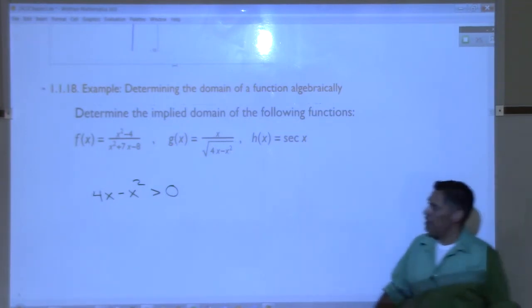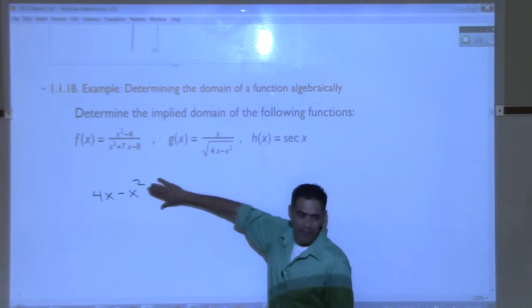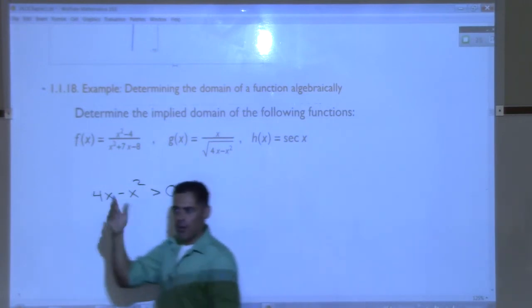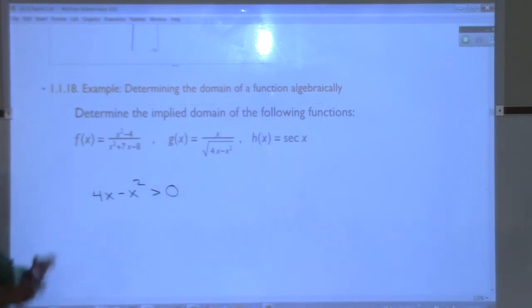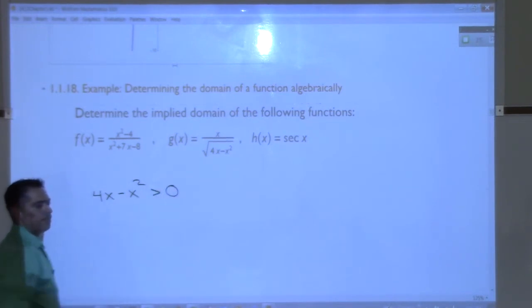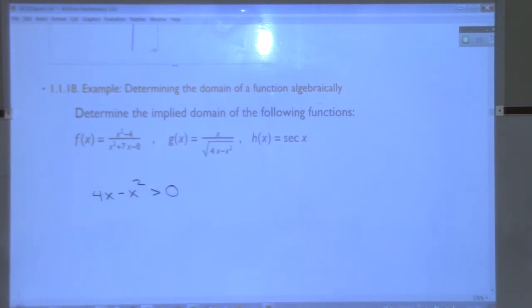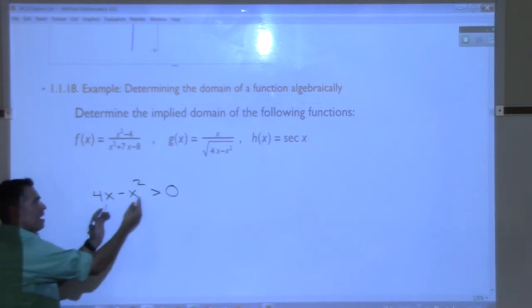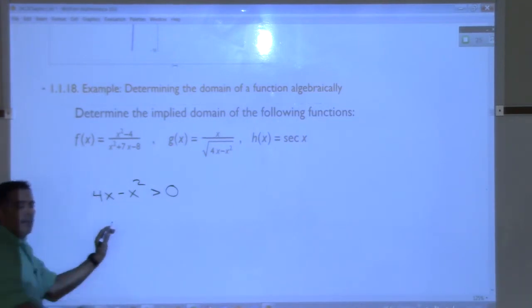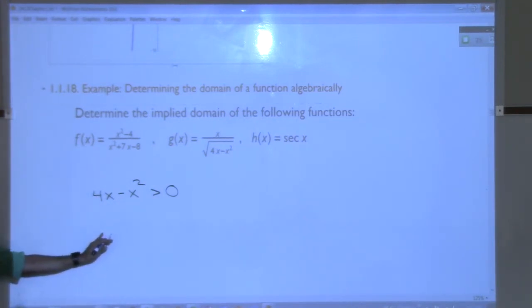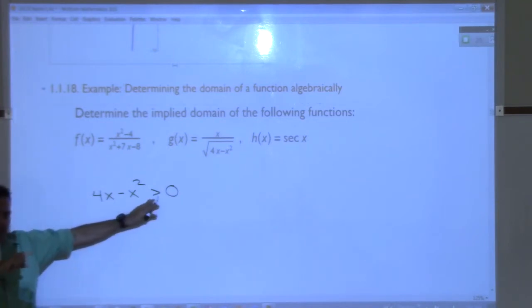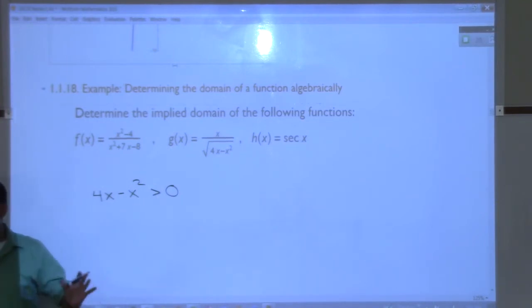Quadratic expression. An expression would be something that doesn't have an equals or a greater than sign. Quadratic inequality. Okay, it's a quadratic, but it's not an equation, it's an inequality. And how important is it to us that that's this symbol as opposed to an equal? It's night and day difference.